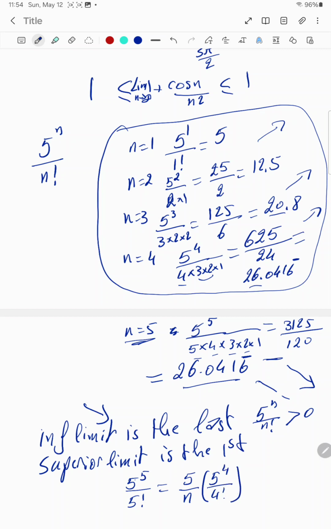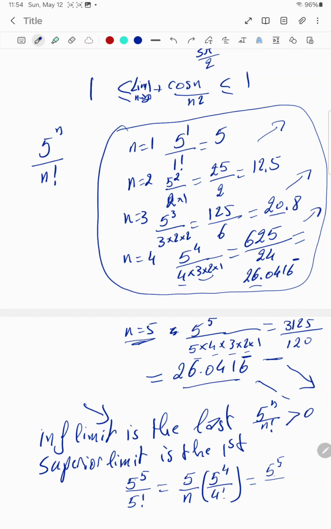So my fifth term, this 5 times 5 to the power of 4 is 5 to the power of 5, and 5 times 4 factorial becomes 5 times 4 times 3 times 2 times 1, which is 5 factorial.